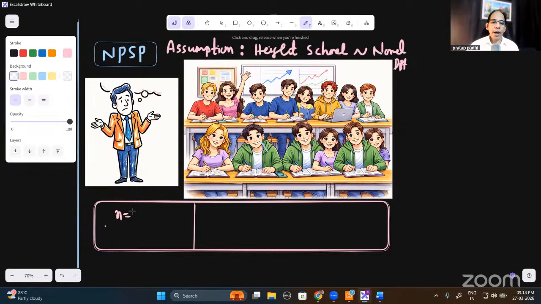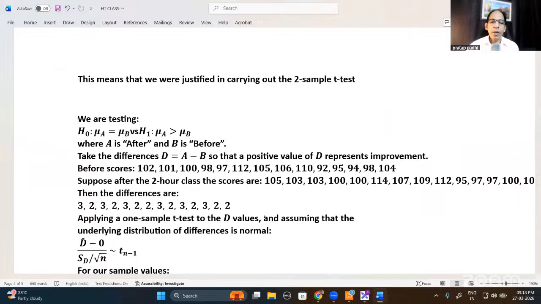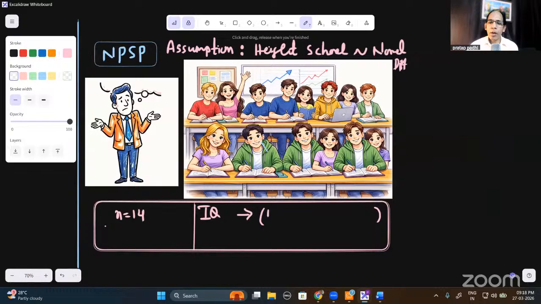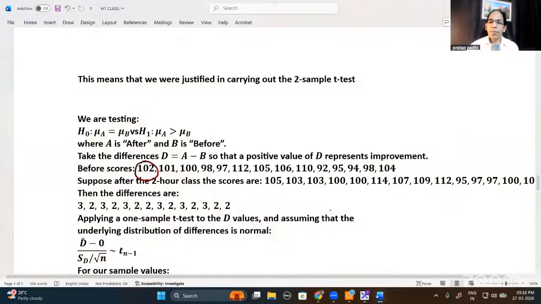I want to check the IQ of all 14. I will get IQs like this: 101, whatever, 102, and the last one, I got IQ 104.